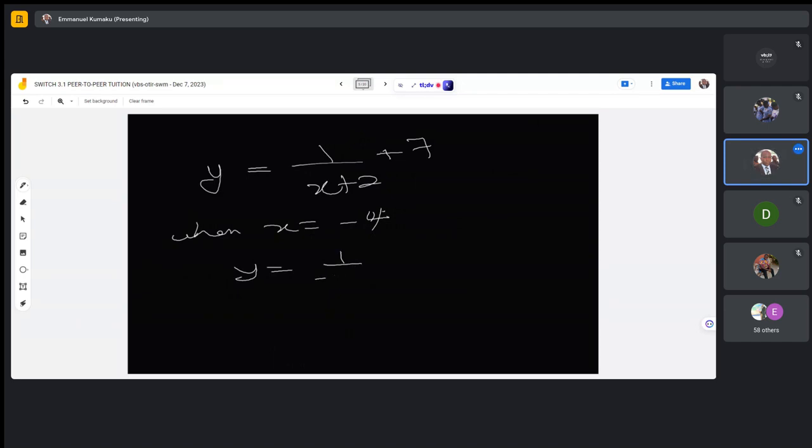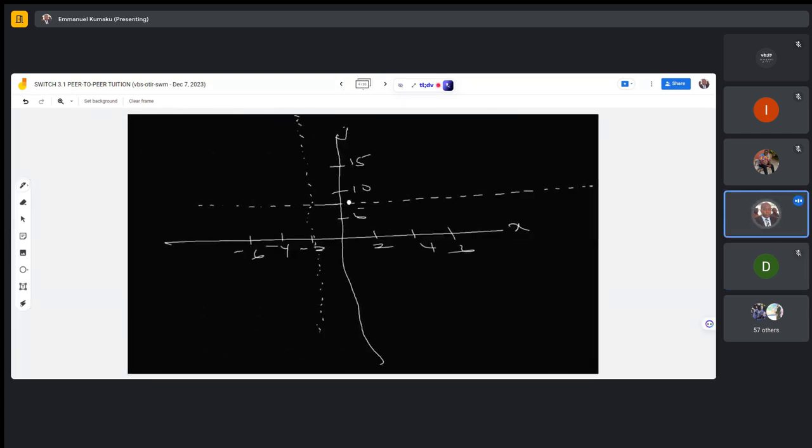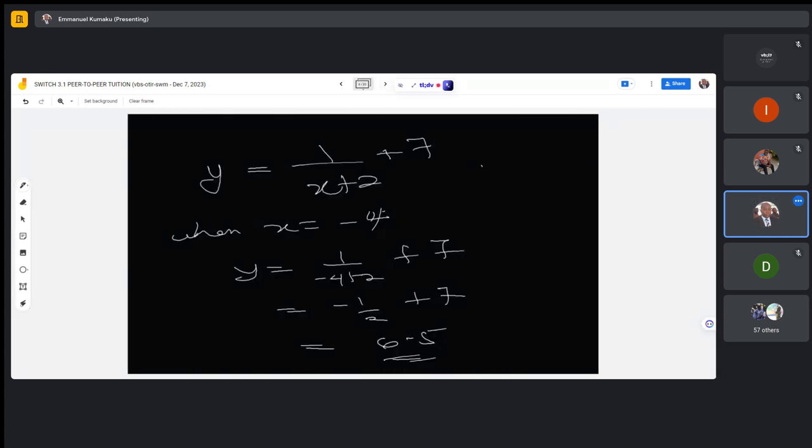We have 1 over -4 plus 2, which is 1 over negative 2, which is negative half, plus 7. So negative half plus 7 gives us 6.5. I hope I'm correct. Yes, it's correct. So going back, if this is y equals 7, my coordinate is -4, positive 6.5.